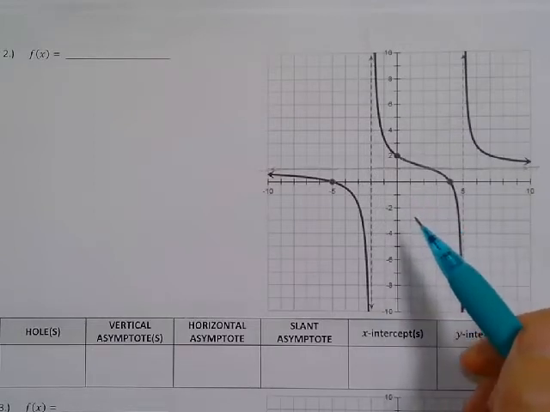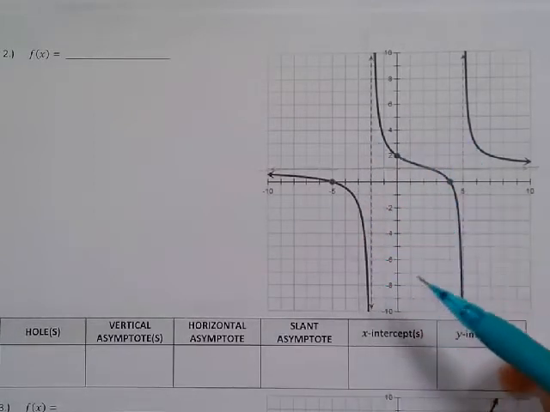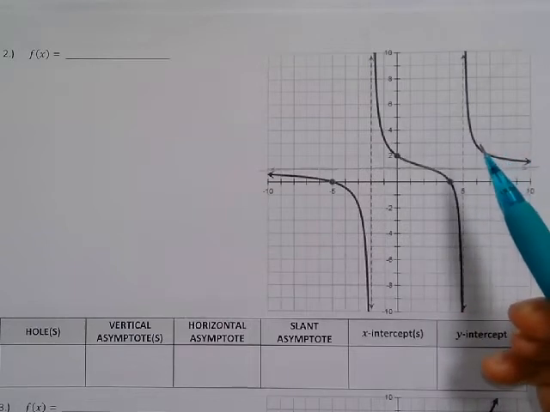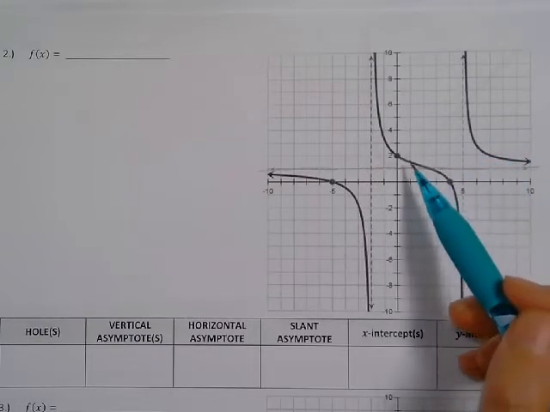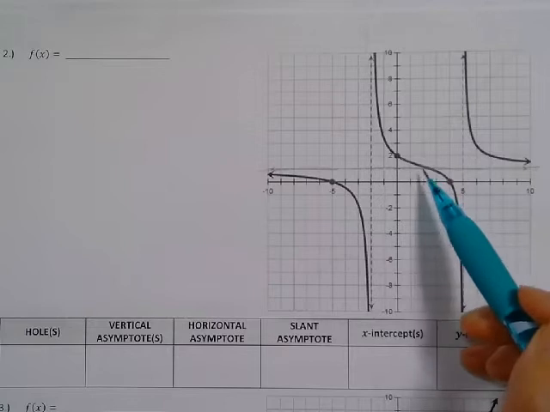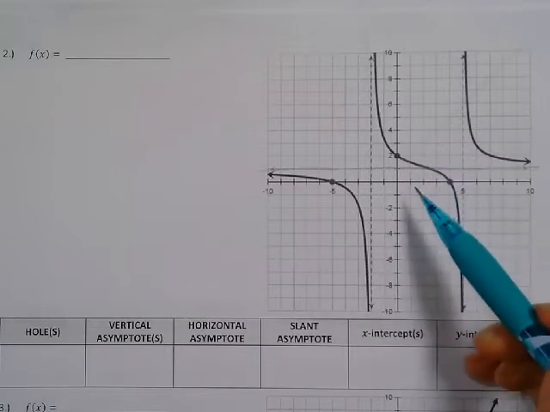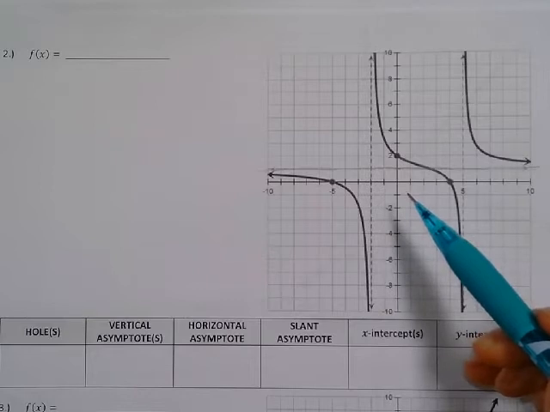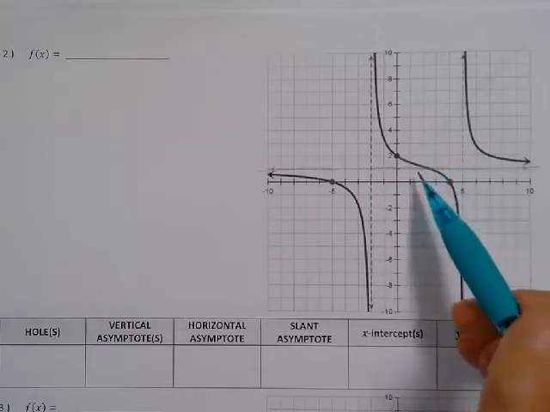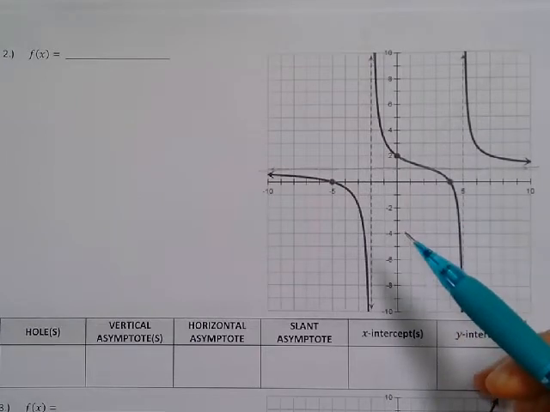Only this exception with this type of rational function allows part of the graph to pass through the horizontal asymptote. But this is fine for this type of rational function. But all other functions, for example, logarithmic functions or exponential functions, will not have this type of phenomenon happening.